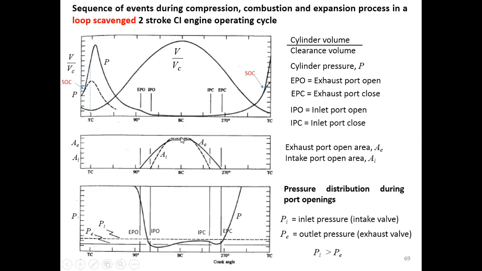The maximum opening area of the inlet port is a little bit higher than the maximum opening of the exhaust port, and it closes before the exhaust port. So this is how the port area varies along the way that the piston moves.